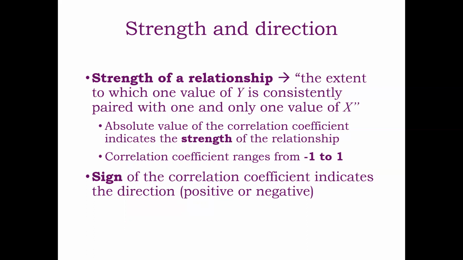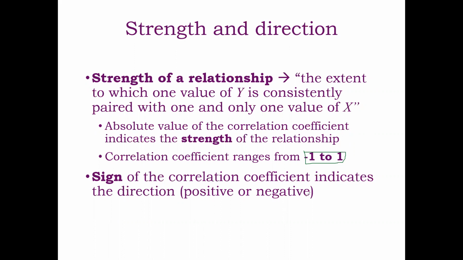So the strength of the relationship is indicated by the absolute value of the correlation coefficient, okay? Correlation coefficients go anywhere from -1 to 1, and the closer the absolute value of the coefficient is to 1, the stronger the relationship.